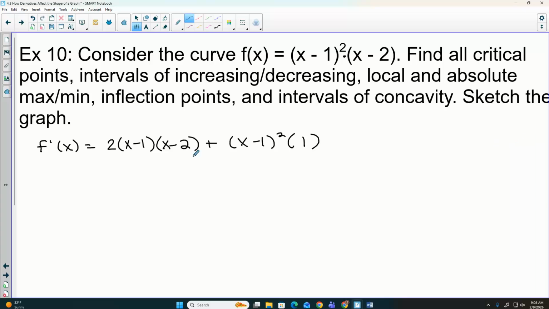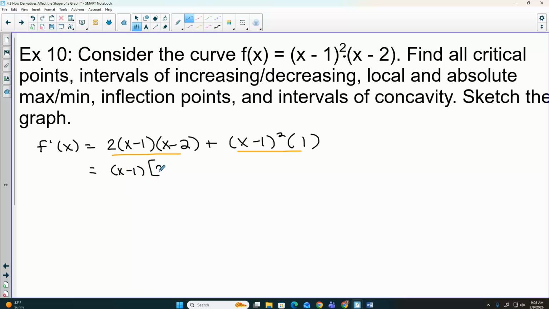All right, you can multiply all this out now. And certainly that's an option from the very beginning if you're more comfortable with that. I left it this way just to remind you of some factoring options. When I look at my 2 terms, what do both of them have in them? X minus 1. So let's take out an x minus 1.